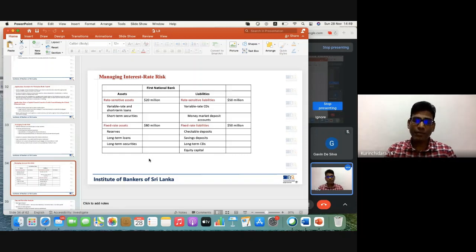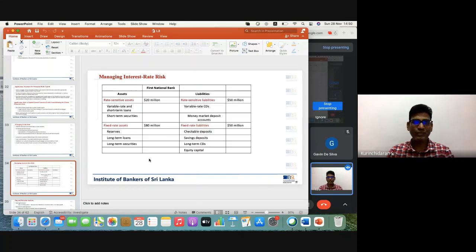You have to calculate the interest rate risk, and only then can you manage it, right? Management means assessing the risk and formulating strategies to mitigate those risks. All together, we call it management, right? So if you want to assess the interest rate risk, there can be several methods.